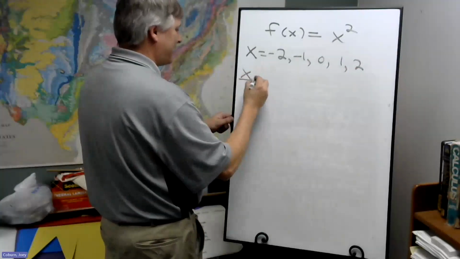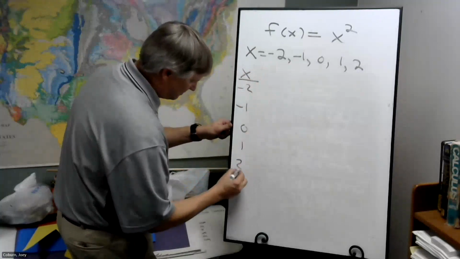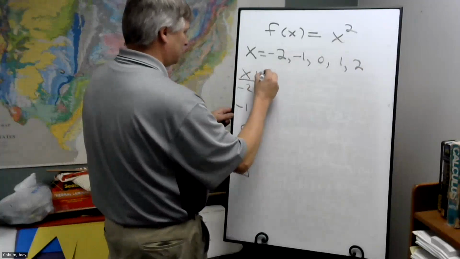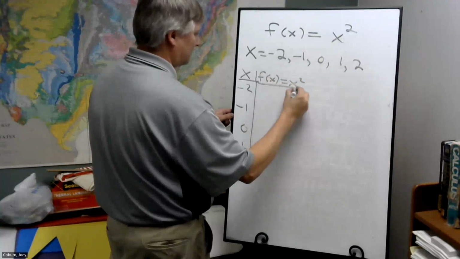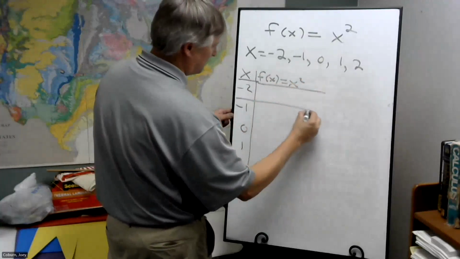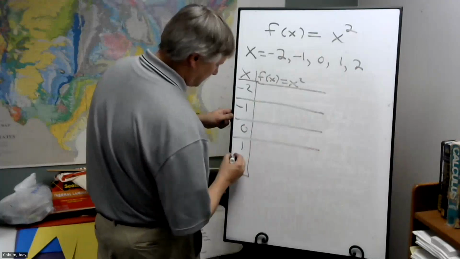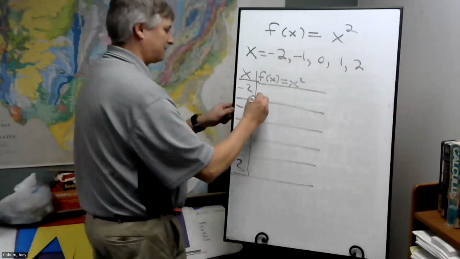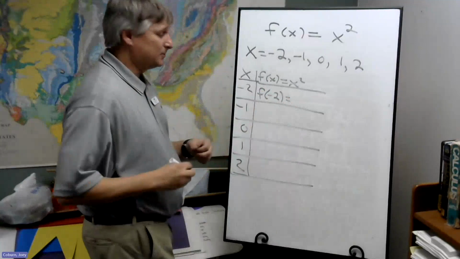So we're going to list our x values vertically. And so here we do the computation.